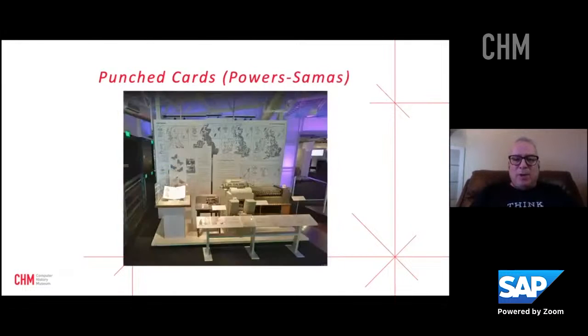One more on punch cards, which I want to bring up, is the Powers-Samas machine. And I brought this out especially because this is an English audience, or a Welsh audience as well. I wanted to point out that this was a special project actually done by the Botanical Society of the British Isles to map all the flora of the British Isles.